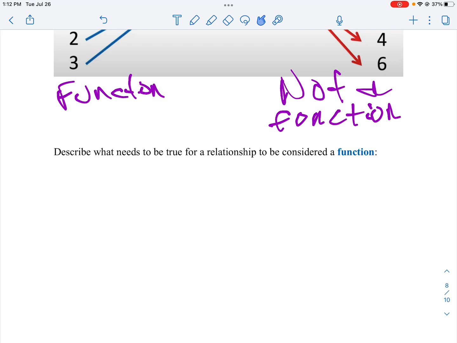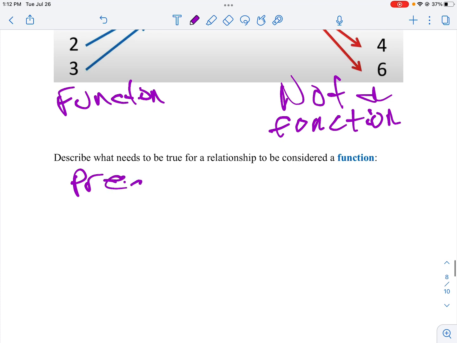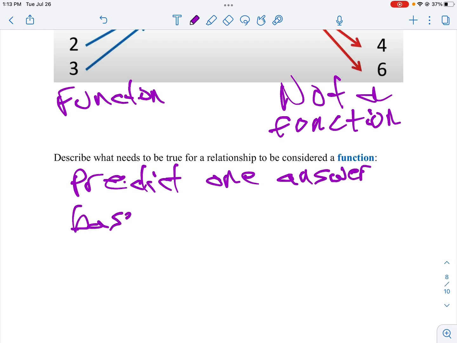So to describe what it needs to be a function is we predict one answer based on our input. Sometimes it'll follow a rule.